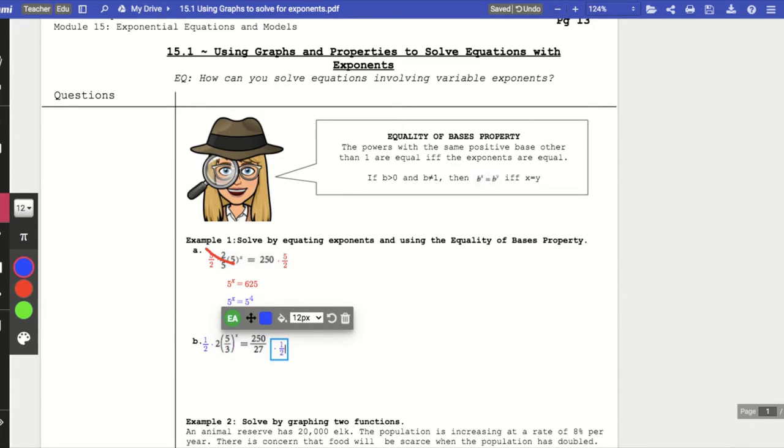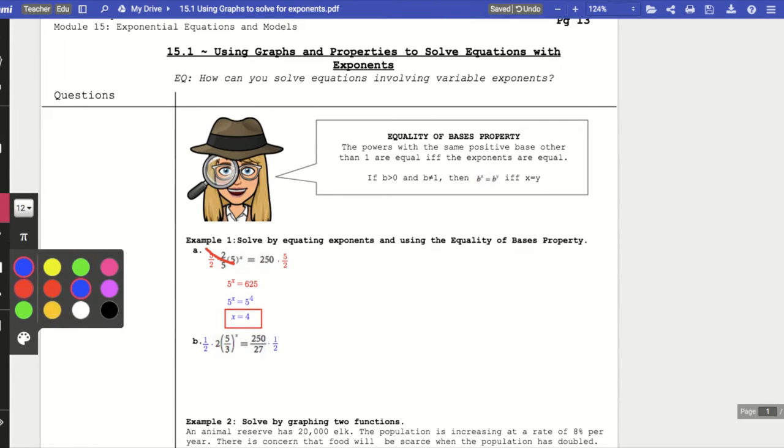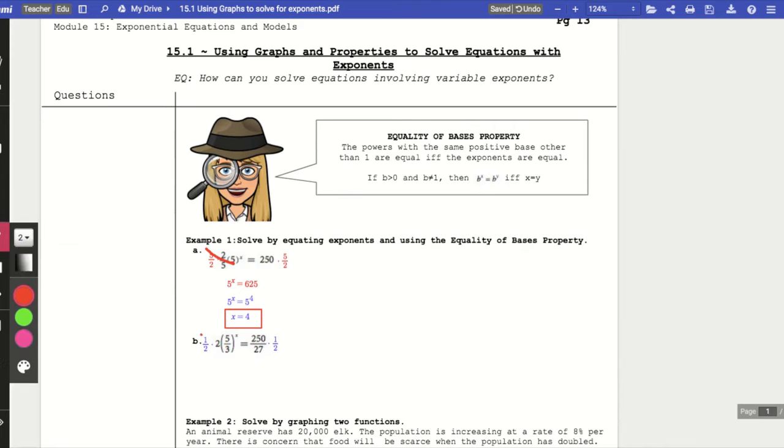When I multiply by 1/2 on both sides, the 2's cancel. I'm left with 5/3 to the x, and that's going to be equal to 1/2 times 250 over 27, which is 250 over 49.